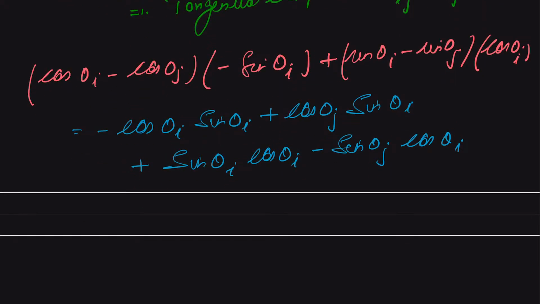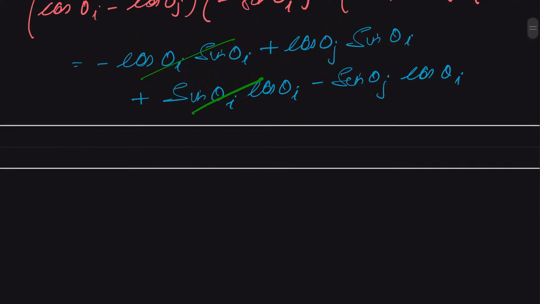And so these two terms are going to cancel out. Therefore, we will be left with only cos of theta j sine of theta i minus sine of theta j cos of theta i.